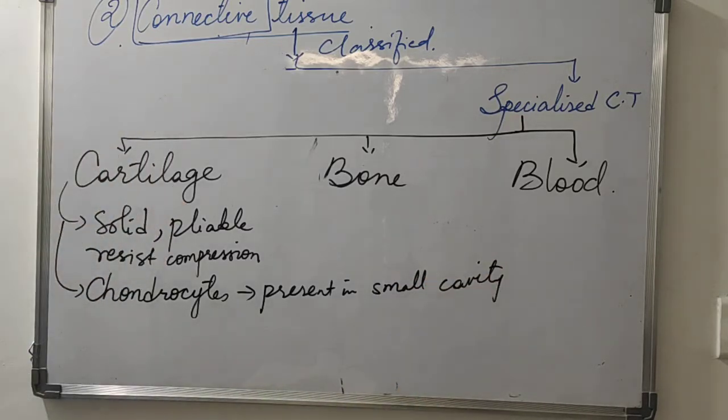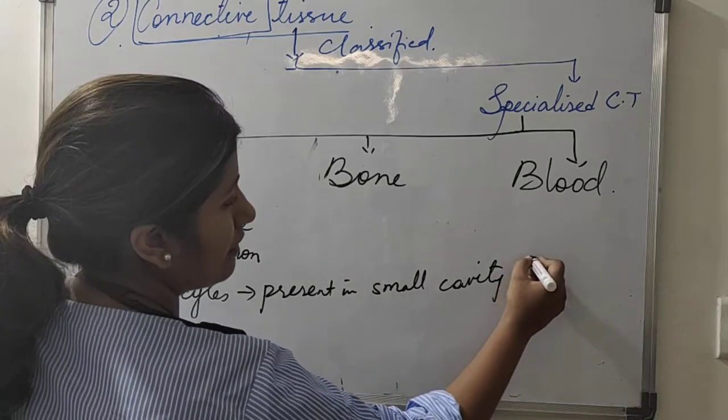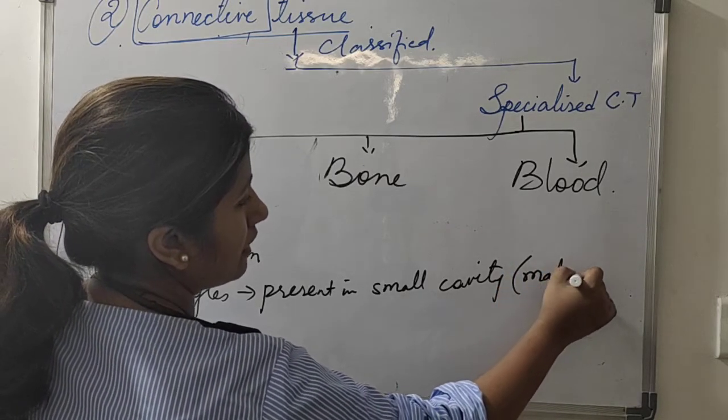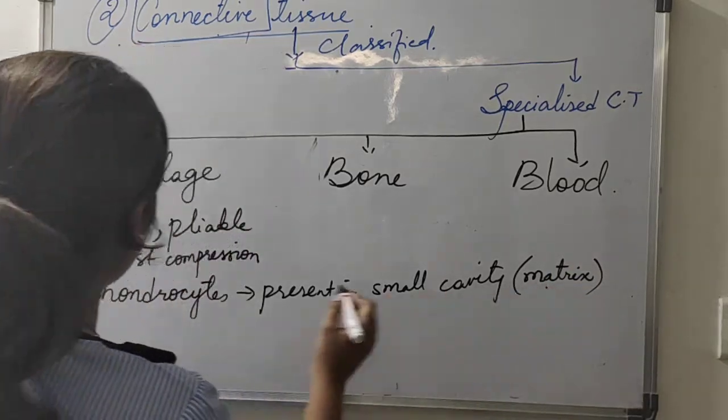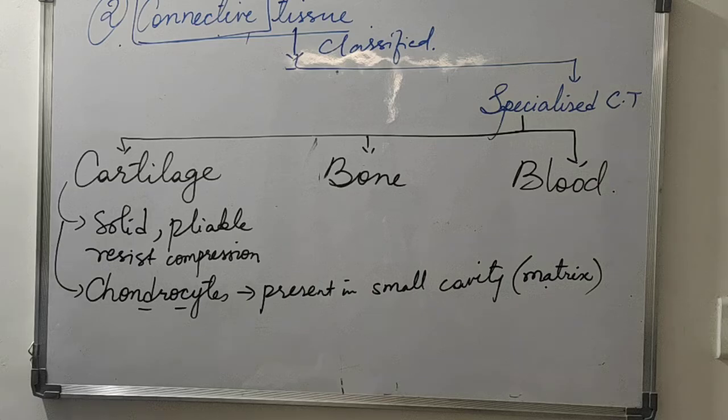Inside this cavity, matrix will be there. Matrix, if you remember, is the ground substance, and that matrix is secreted by the chondrocytes itself.